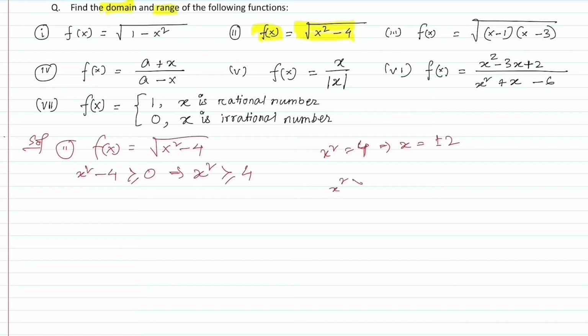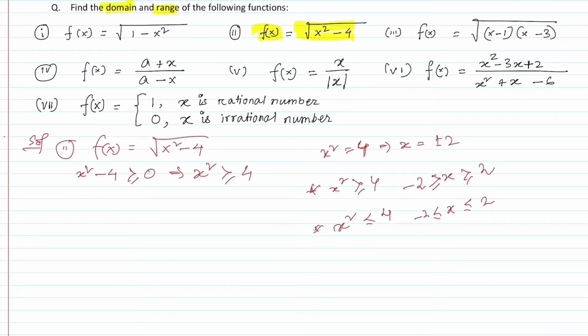Okay, so if x square is greater than or equal to 4, then in this case x must be less than or equal to -2 and greater than or equal to +2. If x square is less than or equal to 4, then x must be greater than or equal to -2 and less than or equal to +2.